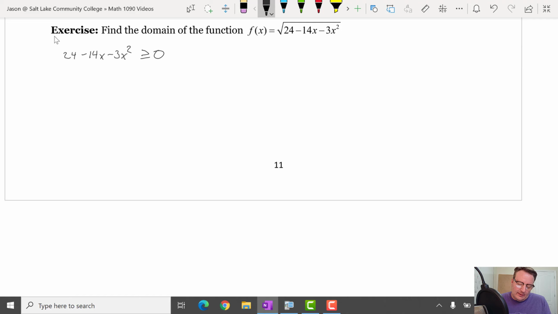It doesn't look like we have a factor of 3 in all the terms. 14 is not divisible by 3, so I can't factor that out. Bummer. And I usually like to rewrite it in the standard form: negative 3x squared minus 14x plus 24 is greater than or equal to 0.